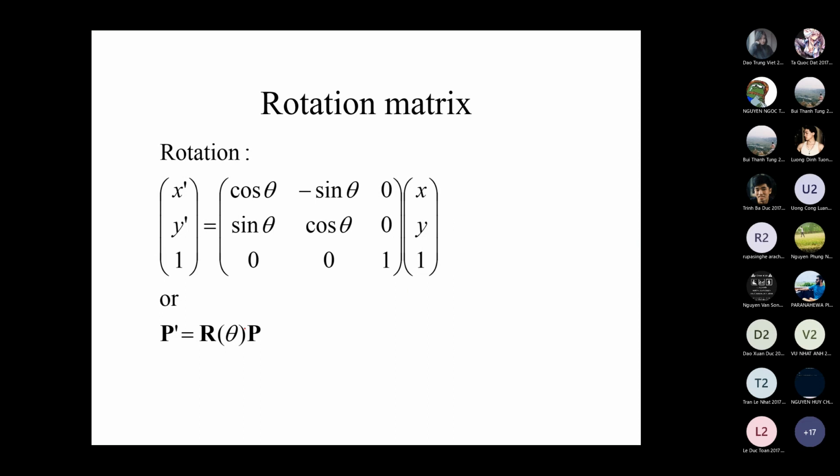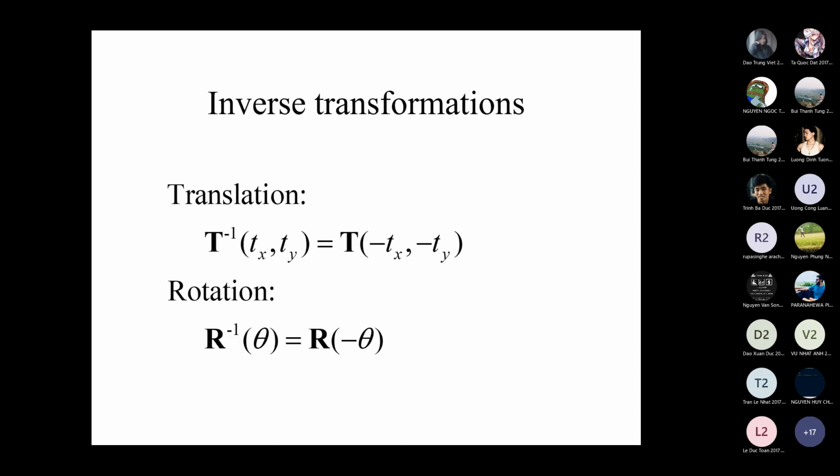for the rotation. Same for rotation, because the new coordinates equal cosine theta multiplied by x minus sine theta multiplied by y, and we have set this form. And how about the inverse transformation?